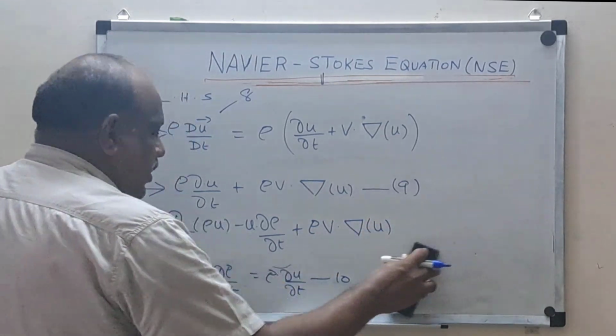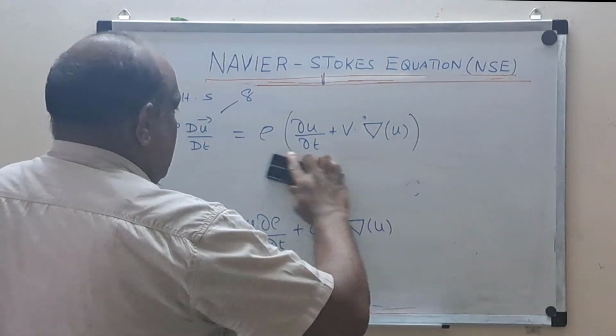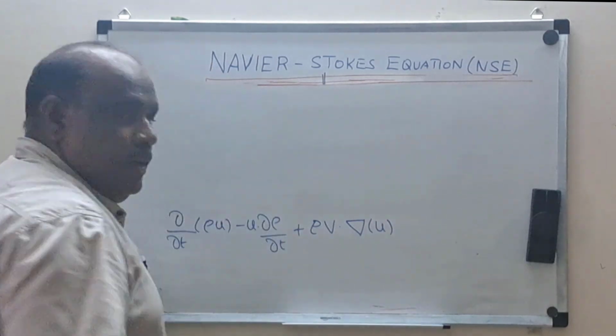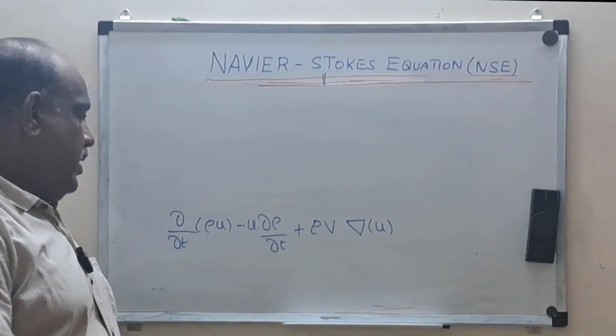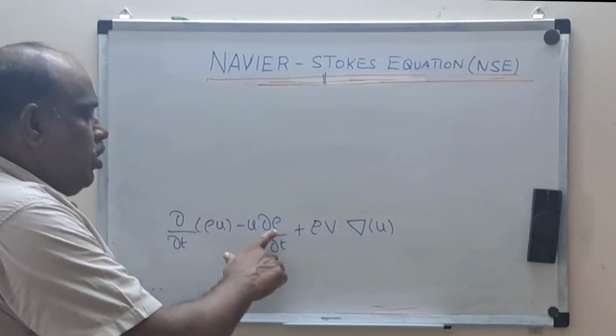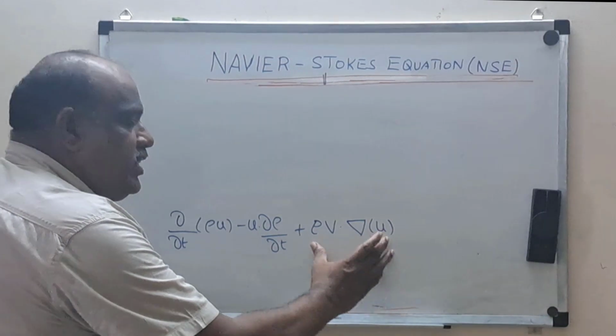So still we are working on the equation. Let us explore further. This is the modified form of the LHS: dou by dou t of rho u minus u into dou rho by dou t plus rho v into del dot u. So now I am going to change this term also.